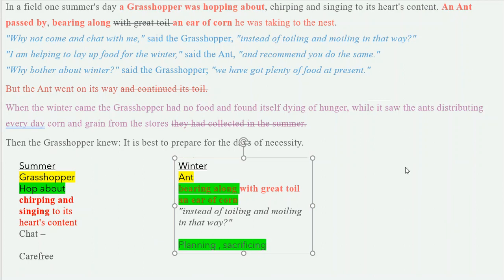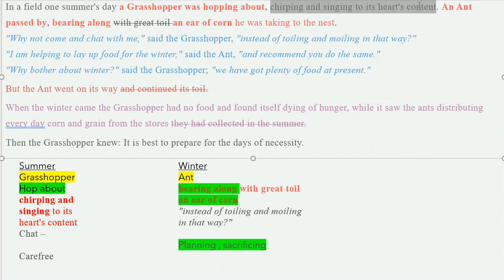And then we have all these words put in here to communicate the emotion of relaxation, of joy. And that's what you do. You feel happy, you want to sing. It's the joy that comes with summer and a good day.